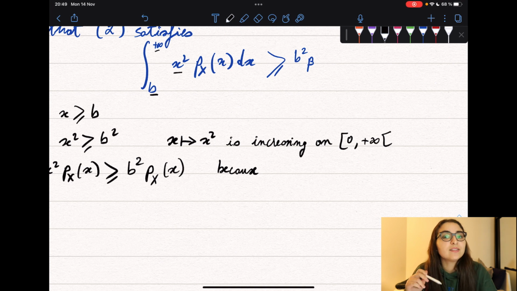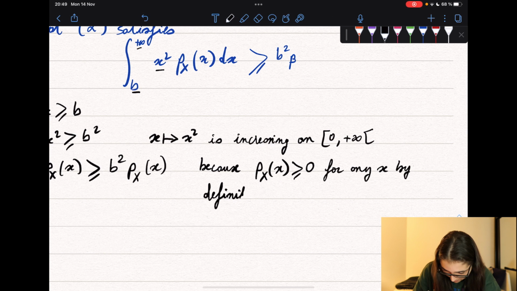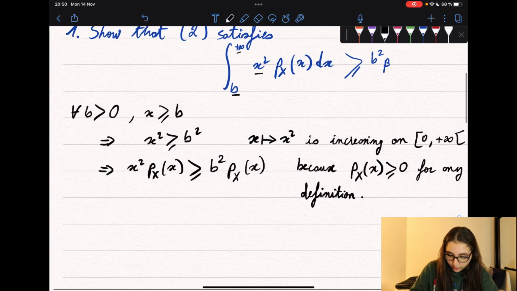Given that p_x of x is a probability density function, by definition p_x of x is higher or equal than 0. So far, so good.